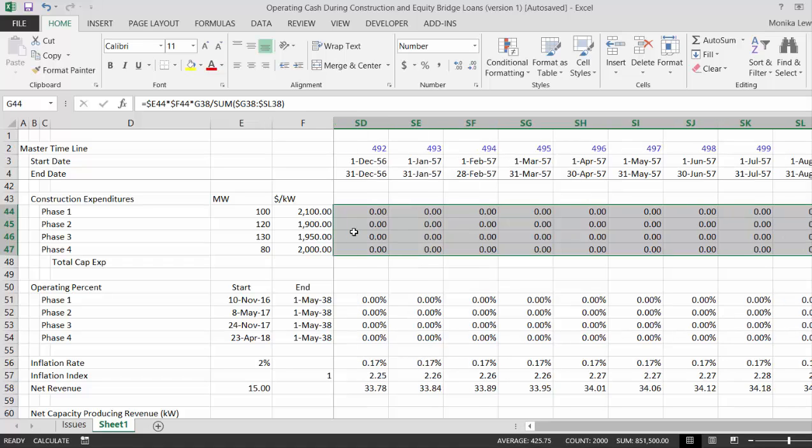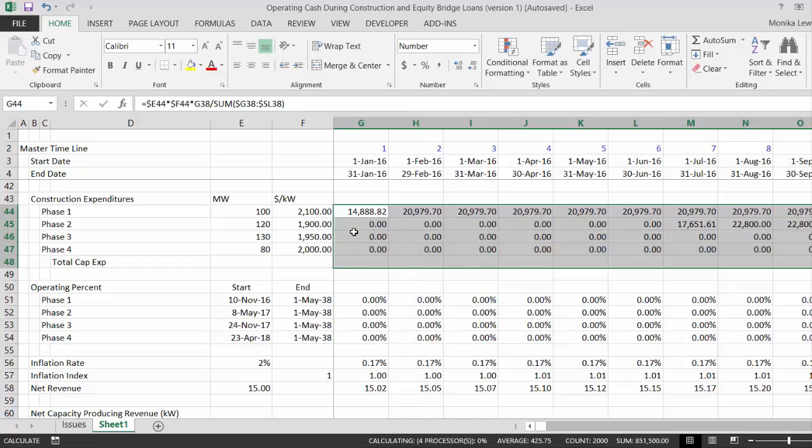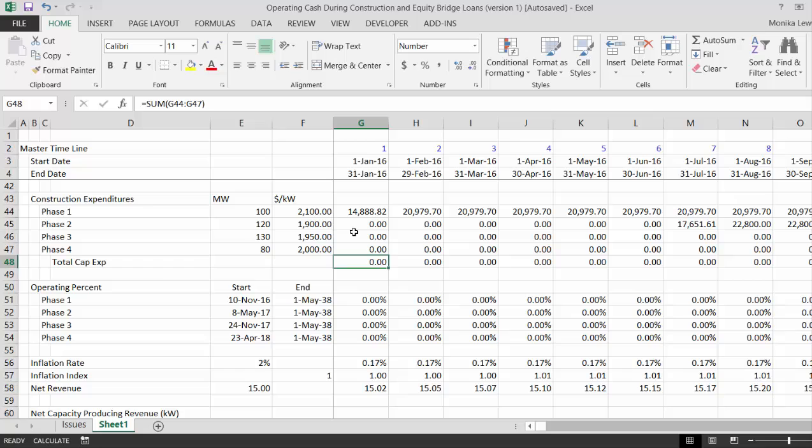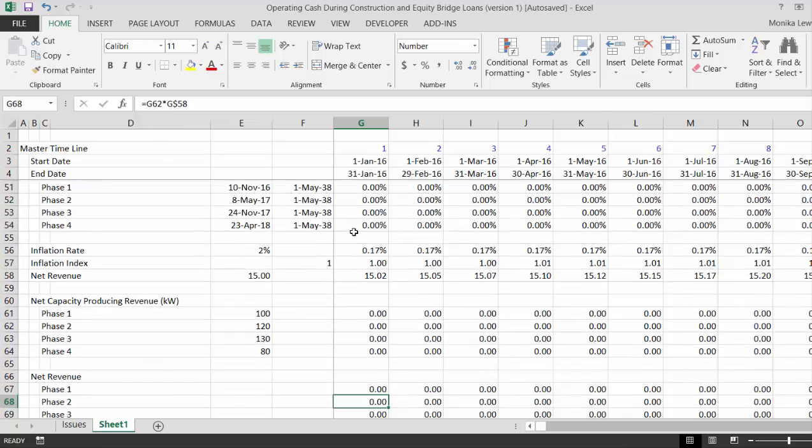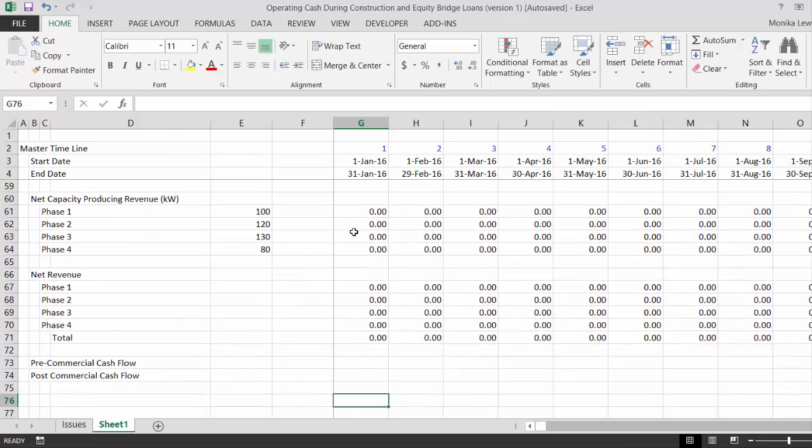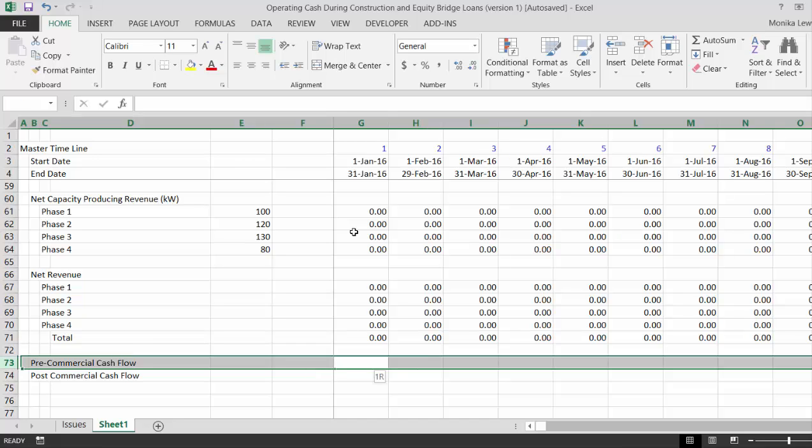We can then put our pre-tax cash flow. This seems to be slowing things down now. I can't imagine why that function's slowing it down a little bit. I don't think that's the problem.